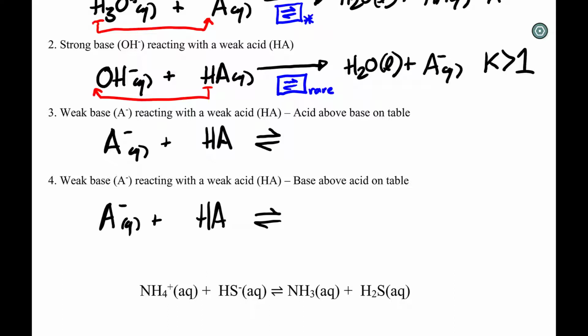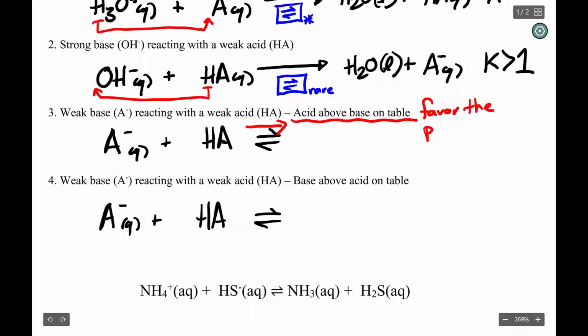Now, it's going to favor the products if the acid is above the base on our acid-base table. And this will have a K value greater than 1.